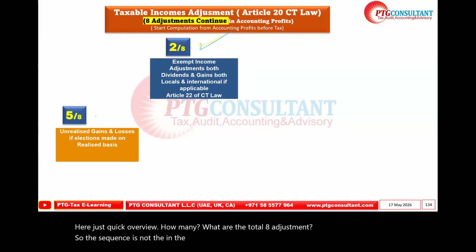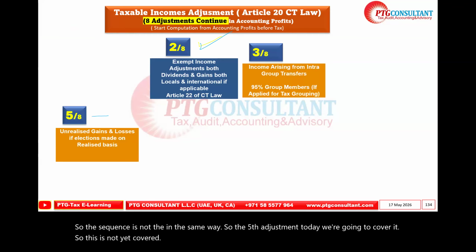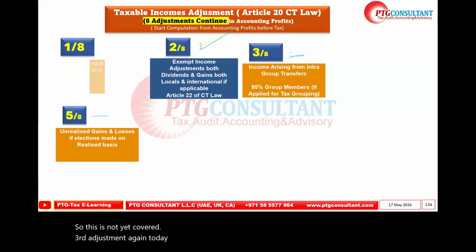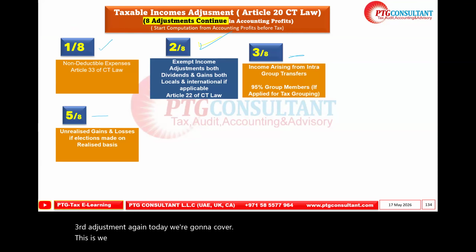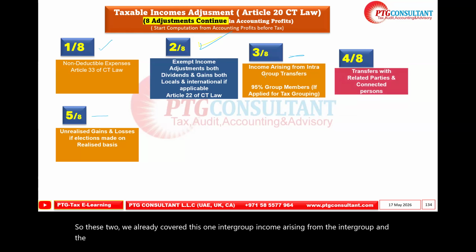The fifth adjustment we are going to cover today, which is not yet covered. The third adjustment, again, we are going to cover today. These two we already covered. This one is income arising from the intra-group, and the fifth, unrealized gains, today we will cover.